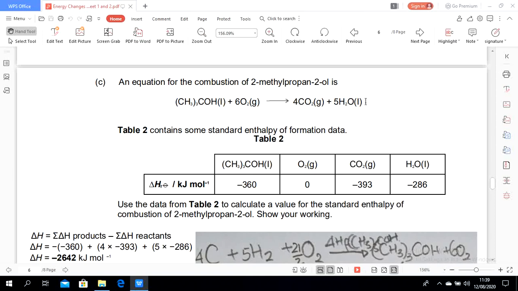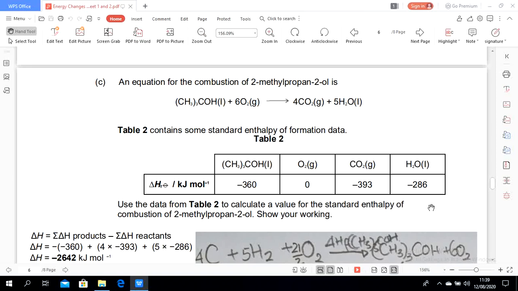So what do we have to do in here? We have to observe the information data that the question has given already for the ΔHf of (CH3)3COH, O2, CO2 and H2O. They have their own respective enthalpy change of formation.